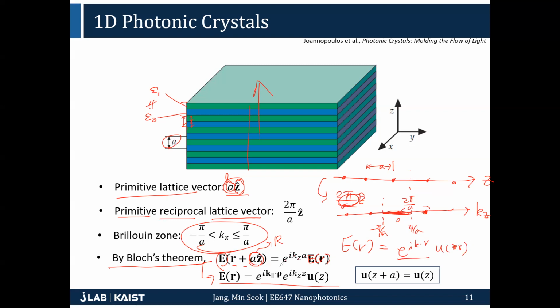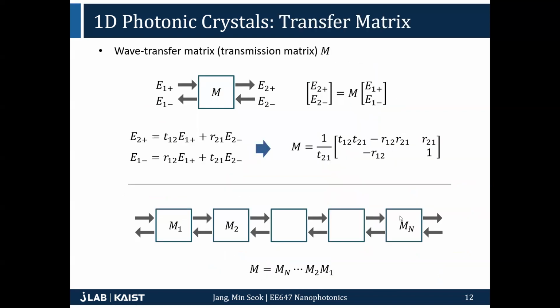Here e to the i k·r can be separated into two, where k parallel is the surface parallel vector and k_z is just the z vector. So you just write e to the i k·r as a product of these two terms, and then u of z is, of course, the periodic function, so the periodicity is a. That's Bloch's theorem.